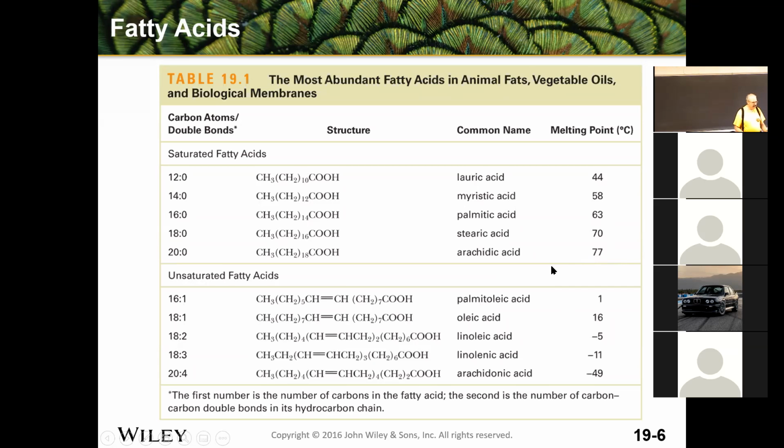Since room temperature is about 25 degrees, that tells us that all of these are solids at room temperature. Here are some unsaturated fatty acids: palmitoleic, oleic, linoleic, linolenic, and arachidonic, which actually has 4 double bonds, and you can see that all of those are liquids at room temperature.